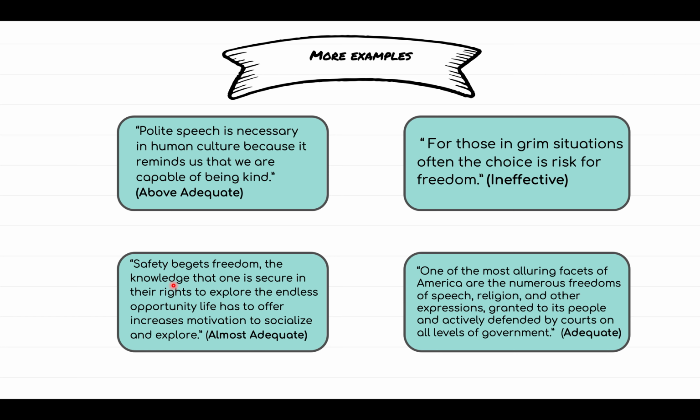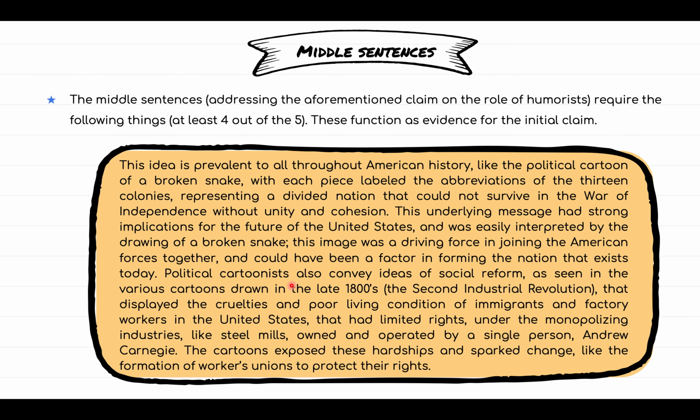But then the implication is that you are the most free when you are safest. But here, safety is not quite explained. What is this safety here? That we have rights? Is that what safety means here? It's not fully explained. I think that's the biggest problem here. But either way, these are examples of first sentences.